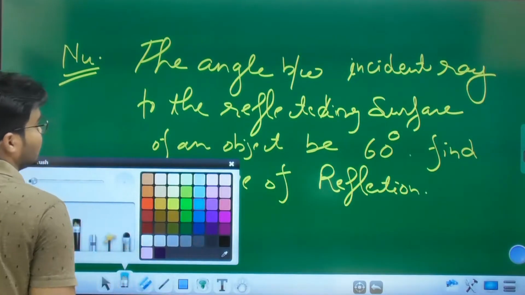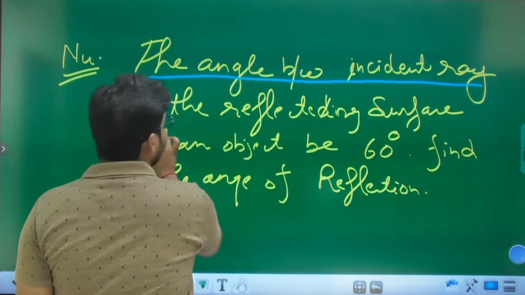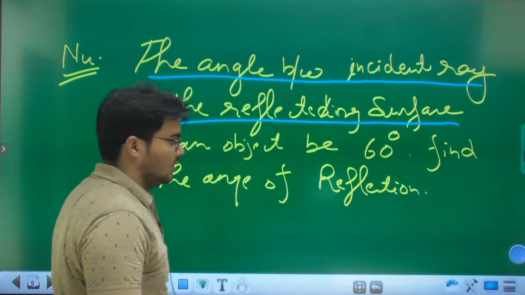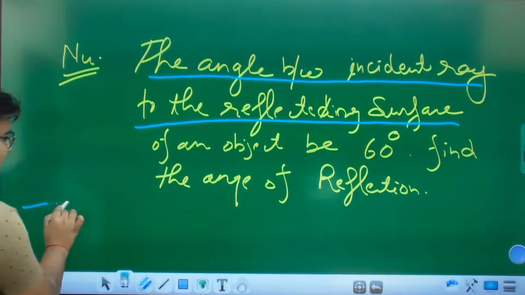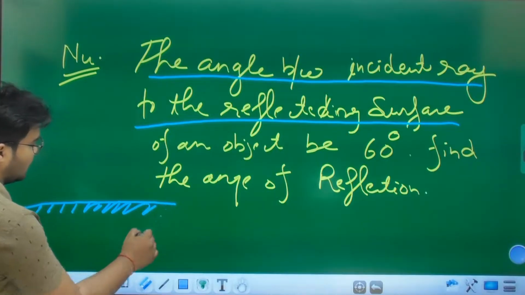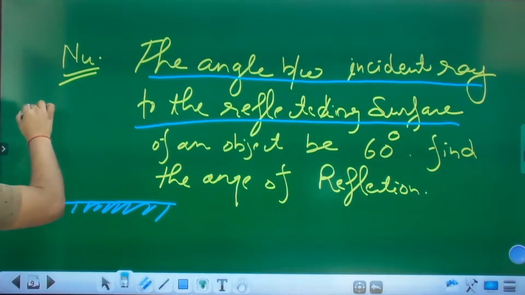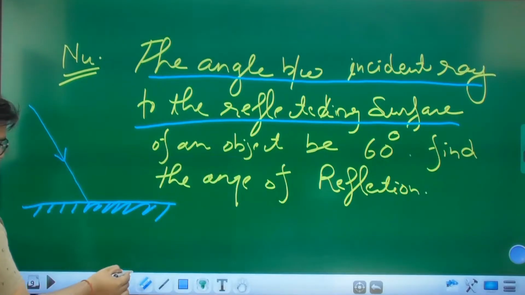The question is that the angle between incident ray and the reflecting surface. Suppose this one is your reflecting surface and the incident ray falls like this. Clear?